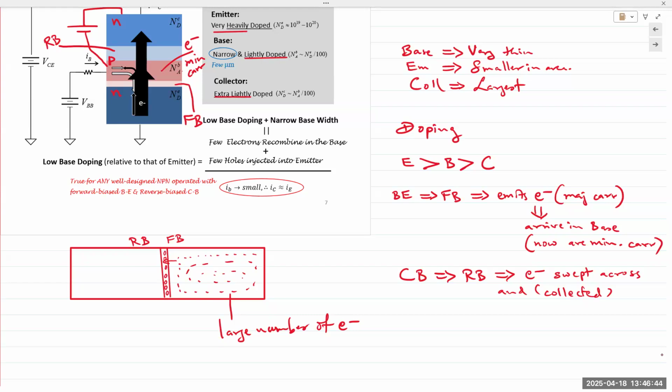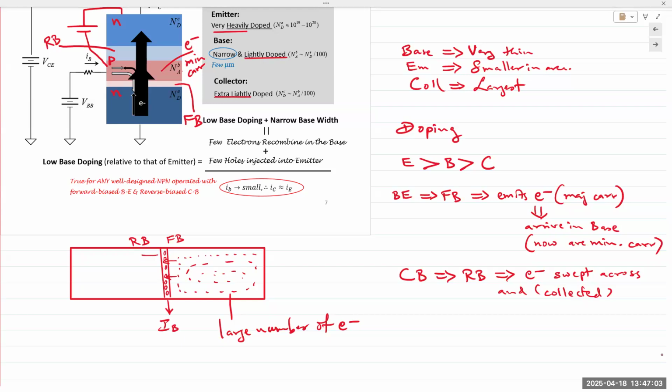So if we reverse bias the collector base junction, those electrons acquire sufficient energy to cross over the base and come into the collector. So electrons come over here. Some of them recombine and flow out. That becomes the base current, or constitutes the base current IB.